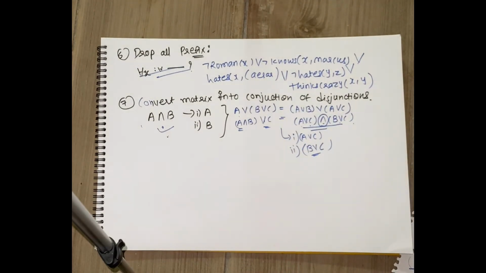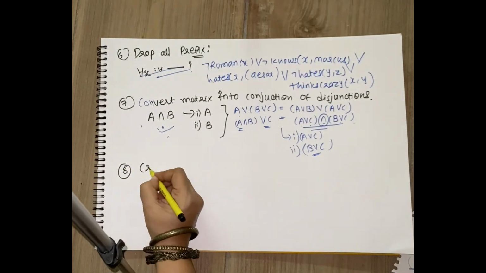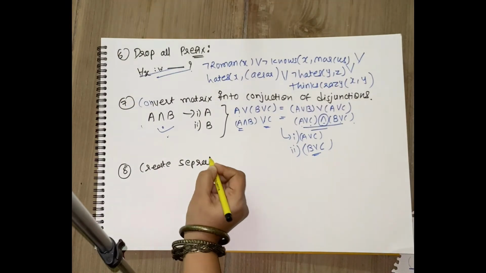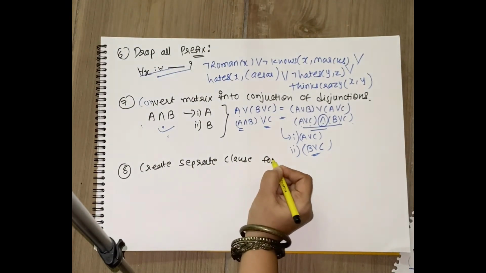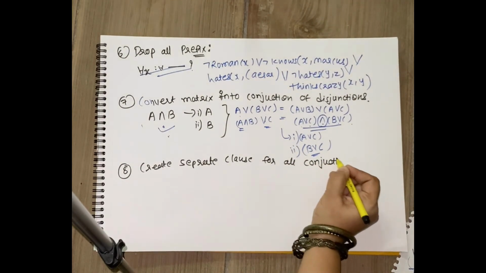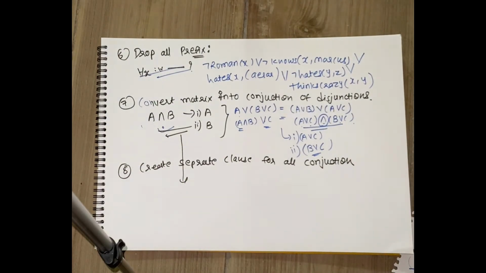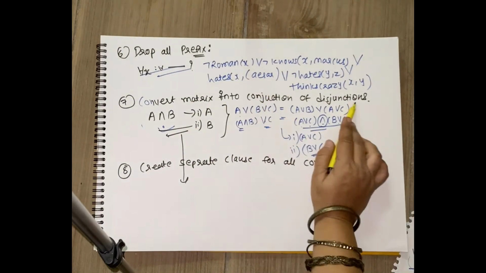Okay. The eighth step says create a separate clause for all conjunctions. In the 7th step, it says only that you have to convert the matrix to a conjunction of disjunctions.